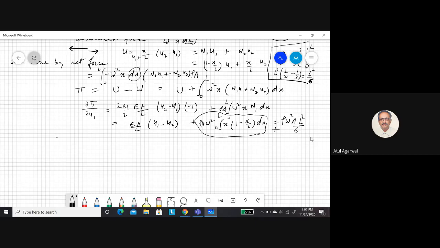So this is like a plus equal to 0. So what is your equation? EA by L, 1 minus 1, u1 u2 is equal to minus rho omega square A L square by 6.